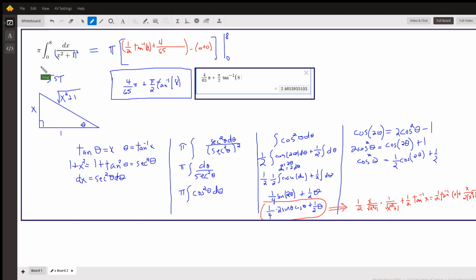Here's the integral we're trying to evaluate. When you see something like x squared plus 1 or x squared minus 1 or 1 minus x squared, you want to probably, or at least consider, using trigonometric substitution. Draw a little right triangle, call this angle theta. When you use trig substitution, you want to use sine, secant, or tangent.